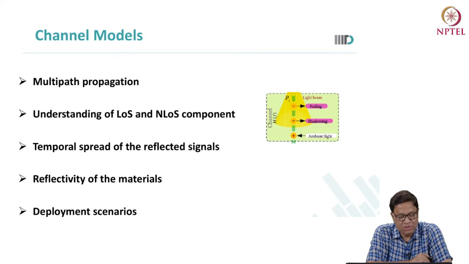And you also need to consider different deployment scenarios. It could be an office setup, or a factory, or a roadside where you are communicating from vehicle to infrastructure. Depending upon the deployment scenario, you have to model your channel. So this is another challenging area for the optical wireless communication community, to have a proper understanding of channel models.